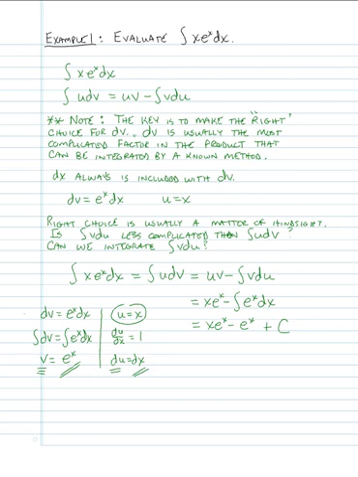So we've succeeded in integrating x e to the x with respect to x. This is the result. And, of course, we could easily check this by calculating the derivative ourselves, and maybe here in a moment we will do that.